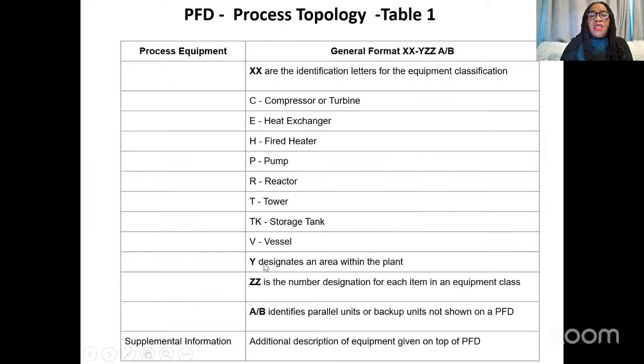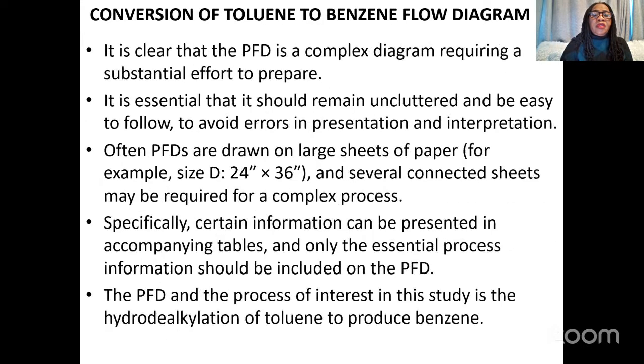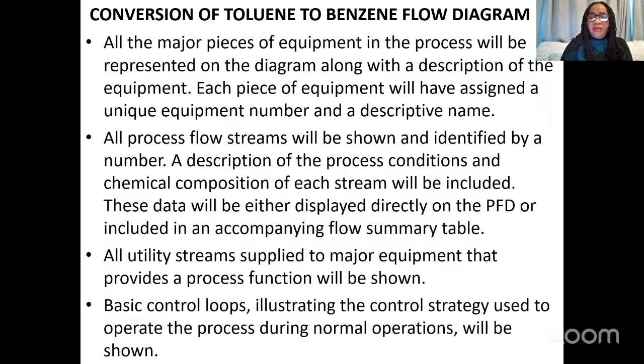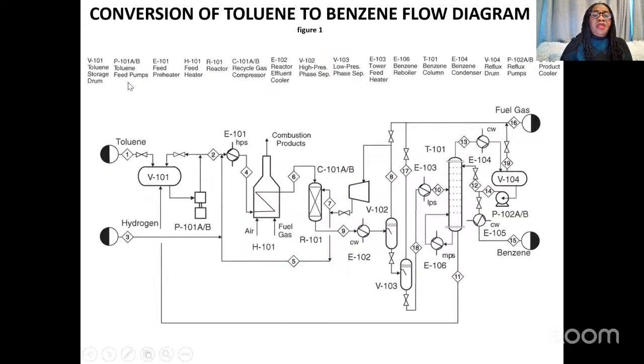Okay, if you see lined up on top of the sketch there, you see different equipment symbols and equipment descriptions. So if you are looking at V101, it's on the left, the first there. So you don't go to the right to look for V101.